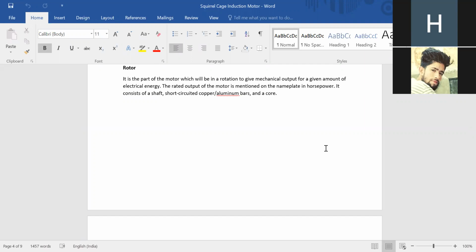We are giving some electrical energy. So whatever the output of the rotor is, it will be maintained on the nameplate, and the horsepower is also on the nameplate, which is fitted near the shaft, right?